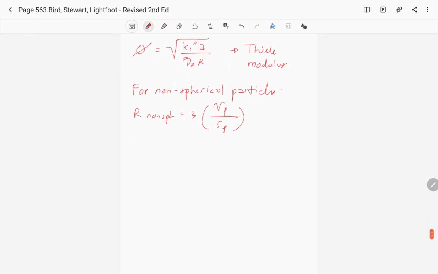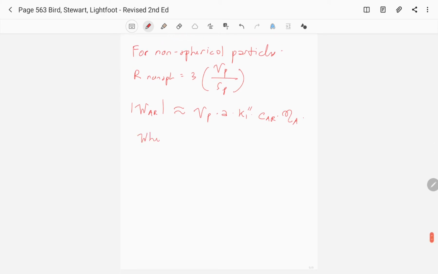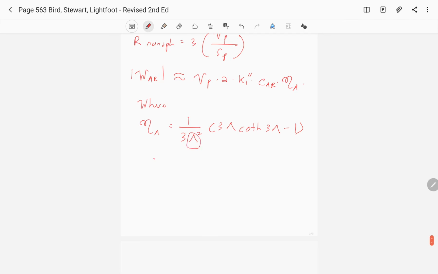Okay, and the absolute value of the conversion rate is then given by WAR, roughly equal to the volume of the particle multiplied by A K1 CR multiplied by the effectiveness factor, where your effectiveness factor is equal to 1 divided by 3 by these equations cotangent 3, and then this particular variable in here is defined as these variables in here, Vp divided by Sp.